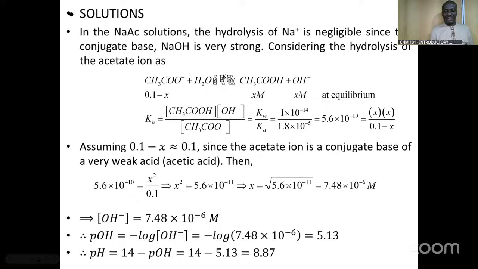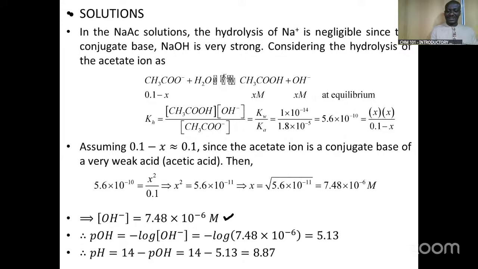Okay, so if that is true, and of course it is, then that's the OH concentration. Now, 7.45, 7.48, I guess approximation error is responsible for this little difference, but we really shouldn't bother ourselves about it.